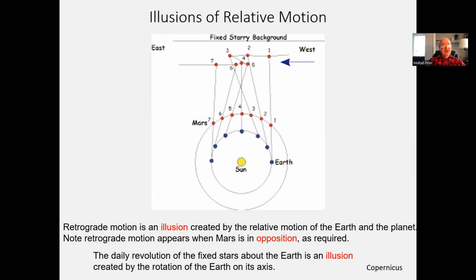None of the planets ever go backwards for real. It is an optical illusion. And here's just a nice picture of Mars charting the lines of sight, where you'll see the lines of sight go backwards as the Earth swings around and passes Mars by, because the Earth is moving around faster.